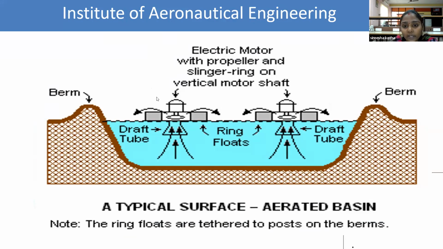So we place the aeration machines. What is the work of aeration machines? To remove the harmful gases. What are the harmful gases here? Hydrogen sulfide and carbon dioxide. Those harmful gases we remove by using the aeration process.